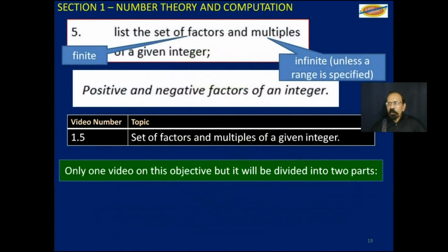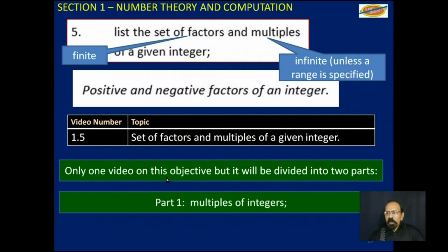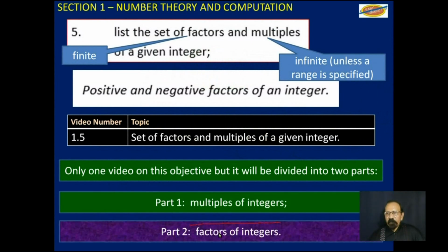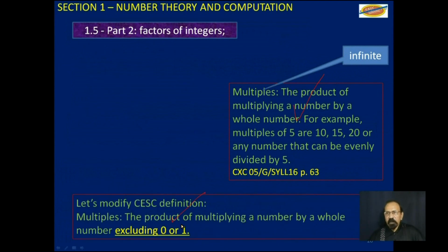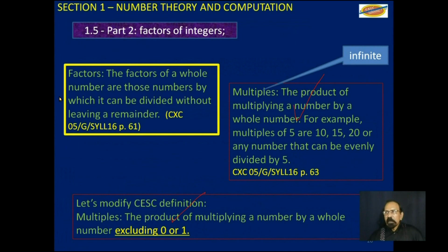So we go on. We are now going to deal with factors of integers. So we already talked about what multiples are, and we corrected the CXC definition. Now for factors. The factors of a whole number are those numbers by which it can be divided without leaving a remainder.